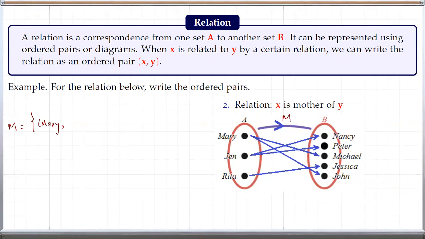So Mary is being mapped to Michael. So this is one ordered pair. The next one would be Mary, and Mary is being mapped to John. So (Mary, John).